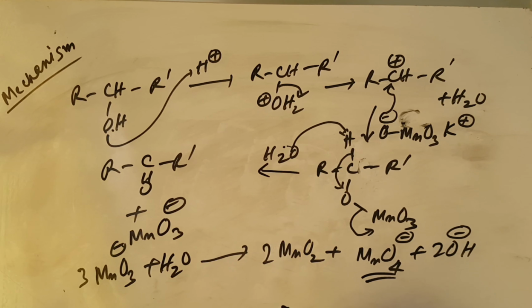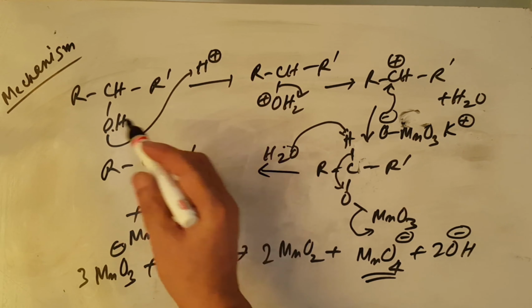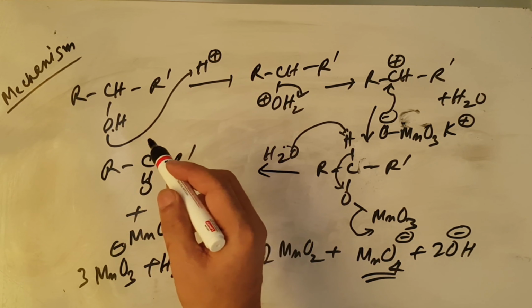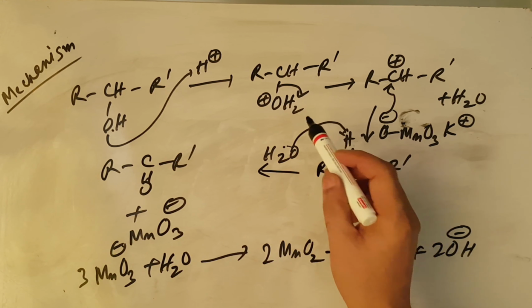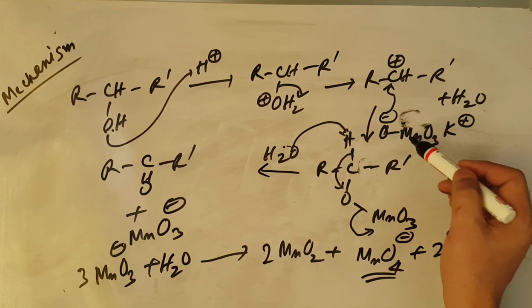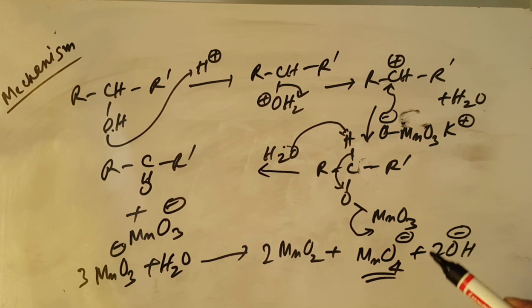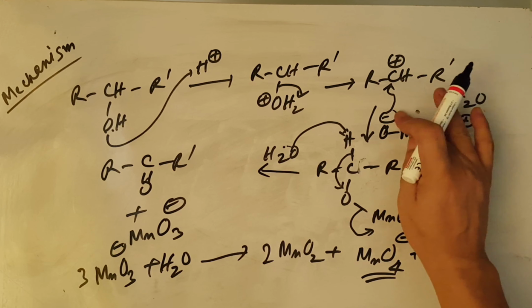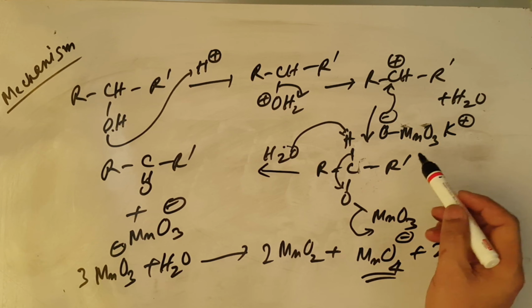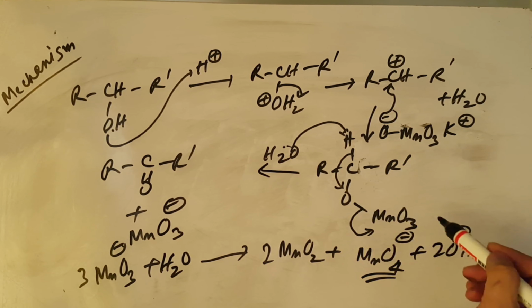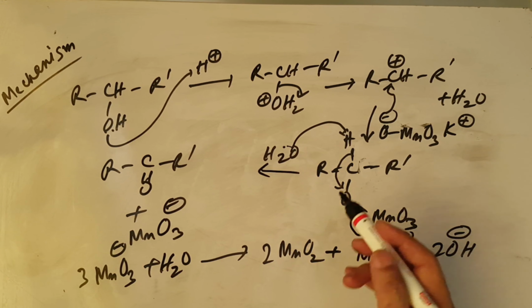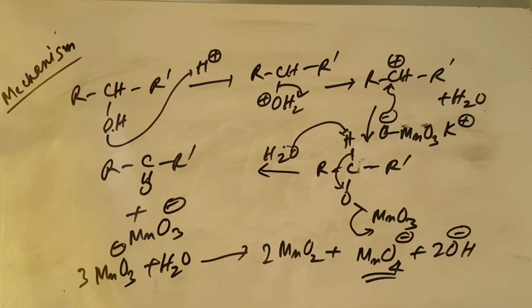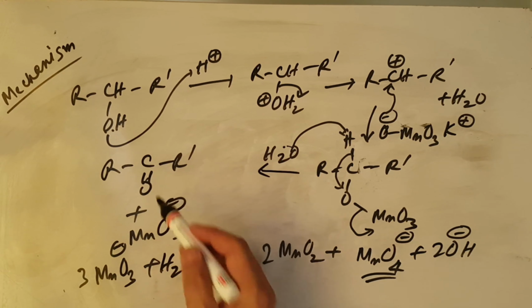I'm repeating again. First we have secondary alcohols. In the presence of acid, the secondary alcohol is protonated and loses a water molecule. We get this carbocation, which is attacked by permanganate. We get this intermediate, then water attacks, picks up the proton, and we get the product, ketone.